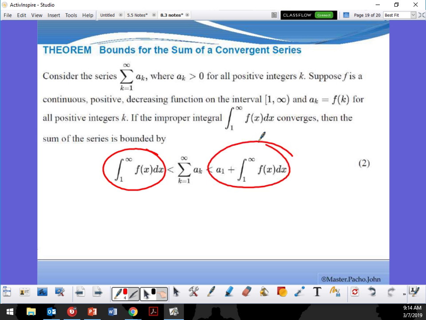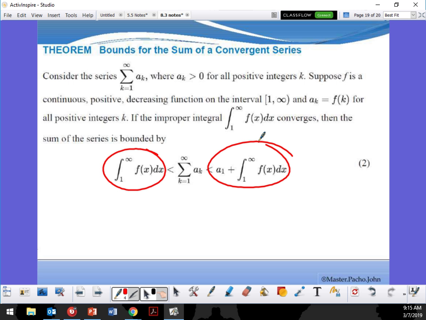So it's basically, I am taking the integral. Remember how we did the lower bound, 1 over p minus 1, right? And the upper bound, it's 1 plus 1 over p minus 1, right? So I'm doing the exact same thing, but now we're finding the sum of it here.